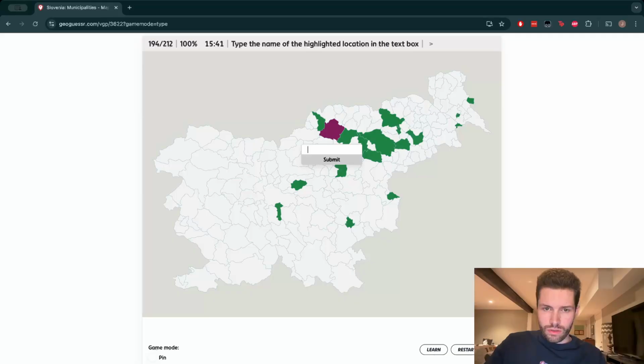What are you called? Slovenj Gradec. Not Zavrč, but Zreče. This is Kidričevo. That would be Ravne na Koroškem. Oh my gosh. Žalec. Maribor. Tuj.